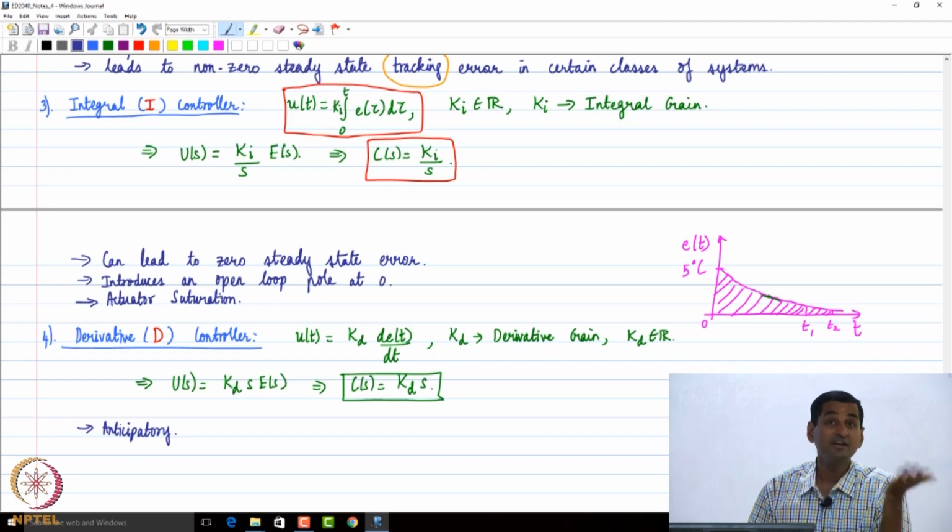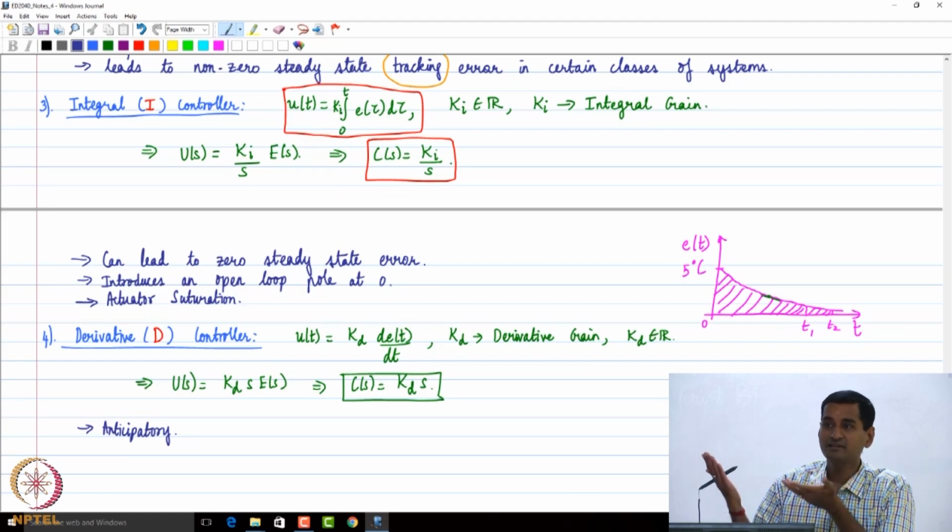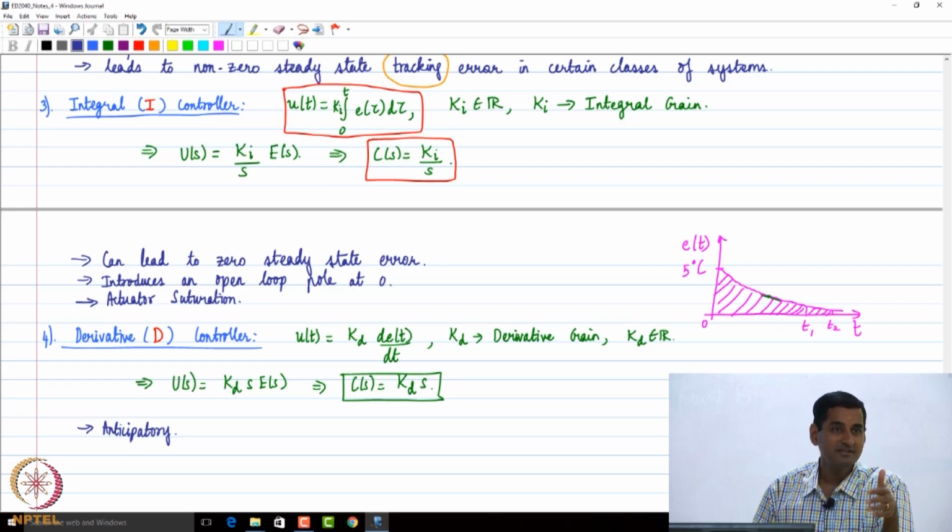Say you are running a compressor, we are spending on electricity. If I know that my temperature error is decreasing, I would run my compressor at a lower setting so that I can save cost. So the derivative controller can satisfy these functionalities.